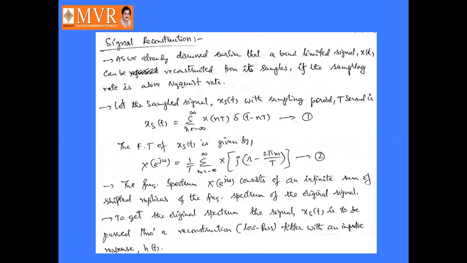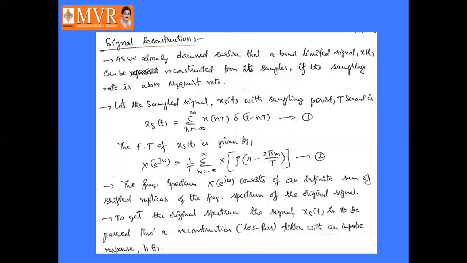Let the sampled signal xs(t), with sampling period T, be xs(t) = sum over n from minus infinity to infinity of x(nT) δ(t − nT). That is equation 1. The Fourier transform of xs(t) is given by Xs(jω) = (1/T) sum over m of X(j(ω − 2πm/T)), which was already derived earlier.